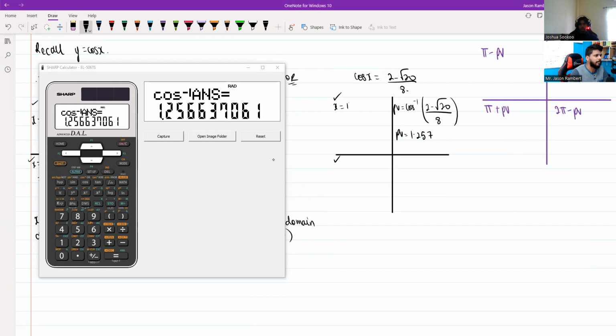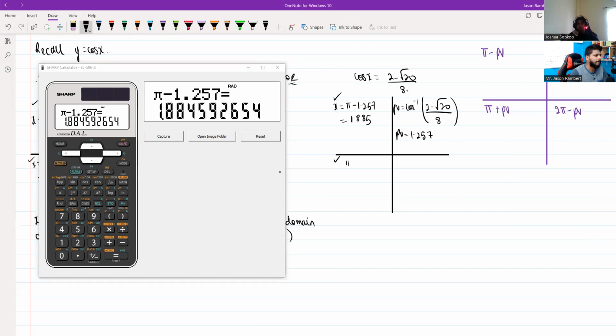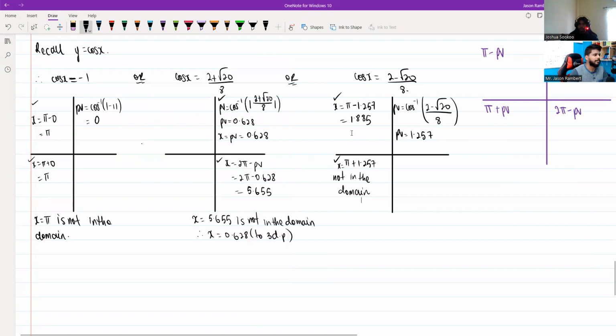x is equal to pi minus 1.257, which is 1.885, and pi plus 1.257. We can simply say this one is not in the domain because it's pi plus something. Nice.